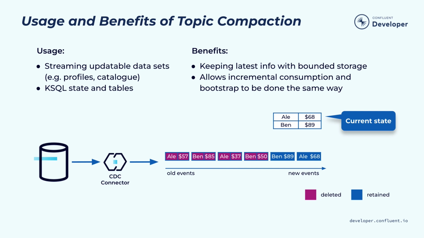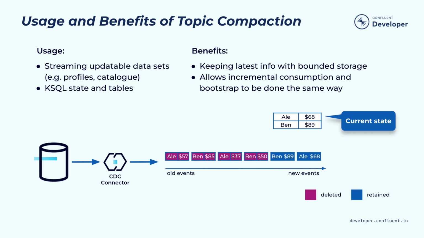This is pretty useful for applications that keep up with incremental changes but also bootstrap occasionally. Let's say you have an application starting from the very beginning. You may want to bootstrap its state by getting the latest value for all the keys in a particular topic. You can do this by consuming from the very beginning of the offset in a compacted topic.